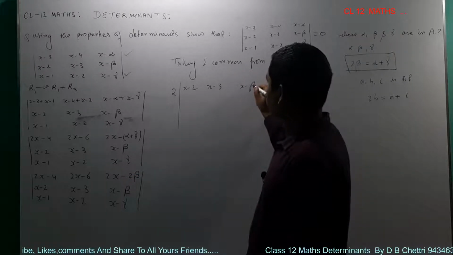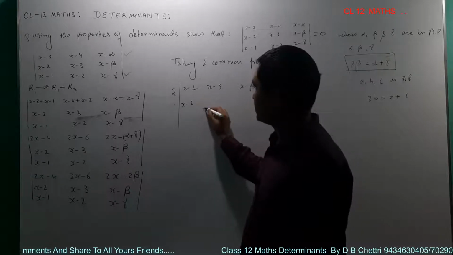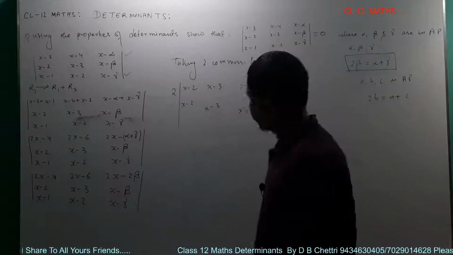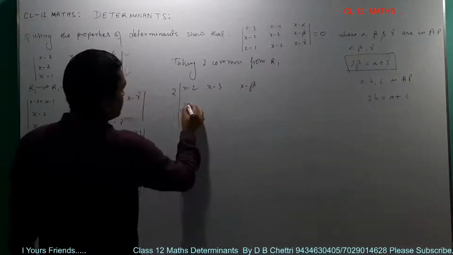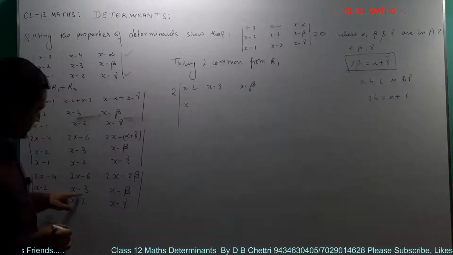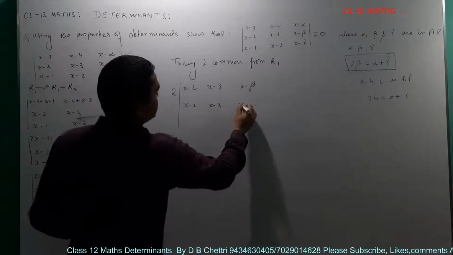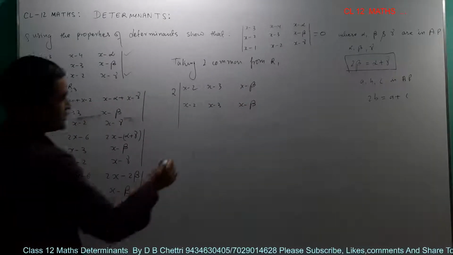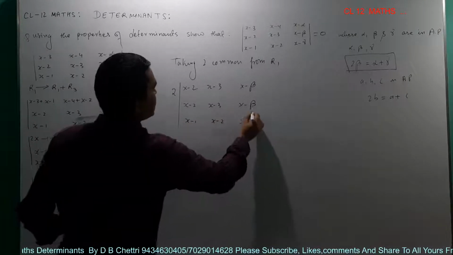Then the others remain the same. Second row: x minus 2, x minus 3, x minus beta. And third row: x minus 1, x minus 2, x minus gamma.